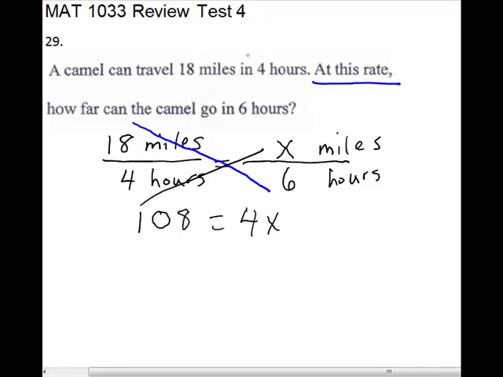And now we're going to divide on both sides by 4. And 4 into 108 will go 27 times. You can use your calculator, go top to bottom, or you can do it longhand. So at this rate, the camel can travel 27 miles in 6 hours.